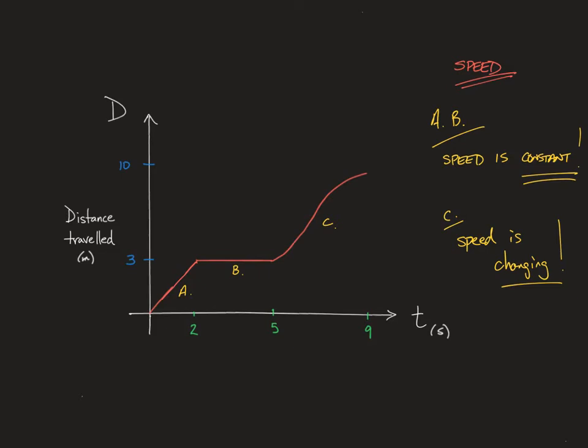I want to jump in and examine a little more closely why the speed is changing in C. But it requires us to take a look back at section A. Because A is linear, it doesn't matter where I go on that line, I am traveling the same distance over the same amount of time.